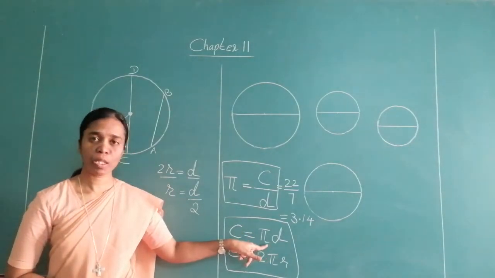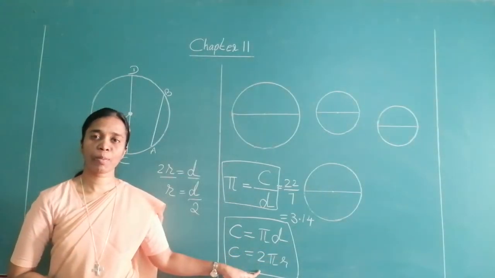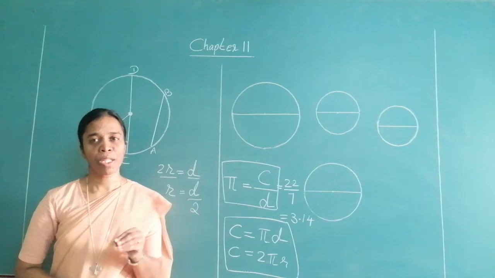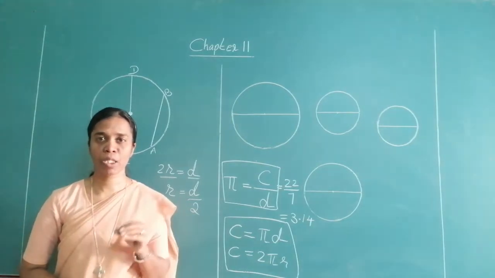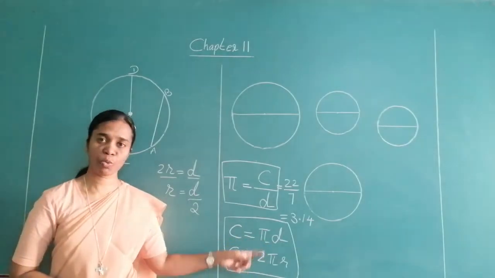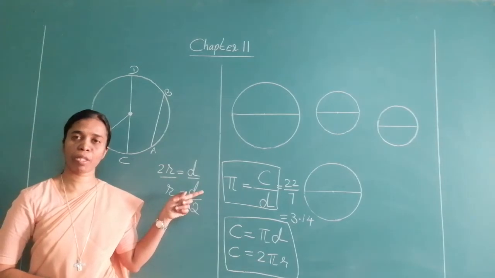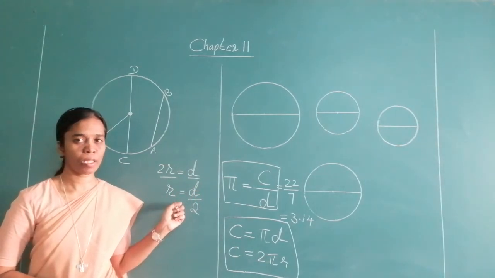Pi d you will use if it is in terms of diameter. 2 pi r you will use if it is in terms of radius. Now we have to solve problems based on this to find circumference using these two formulas, or in case you are given the radius, find diameter. If it is given diameter, find the radius.